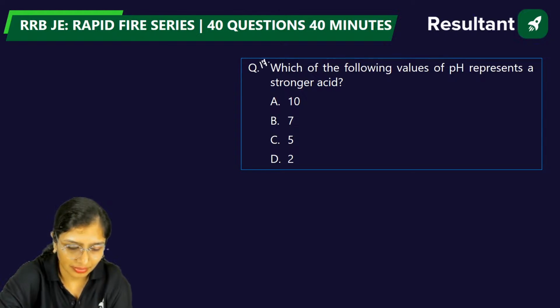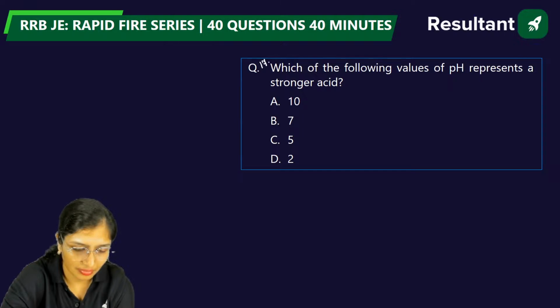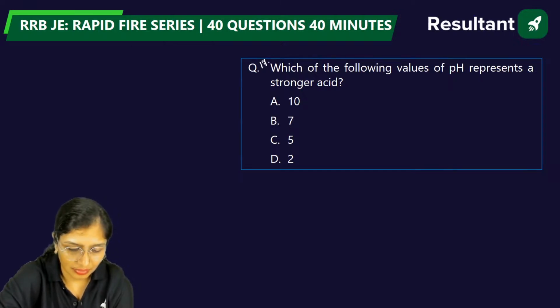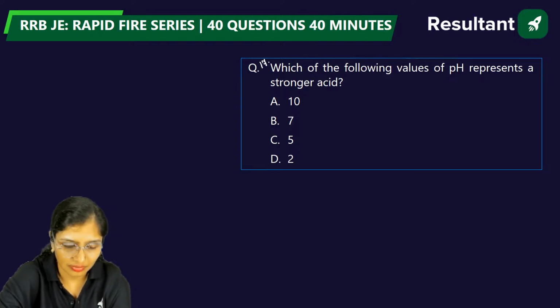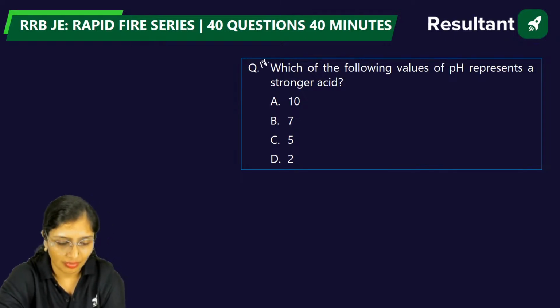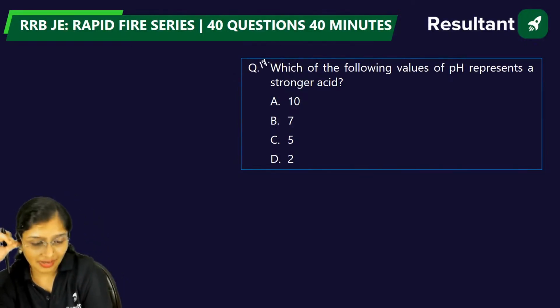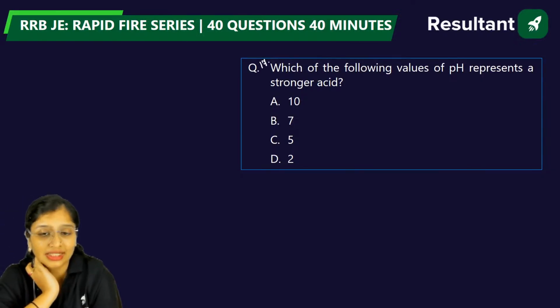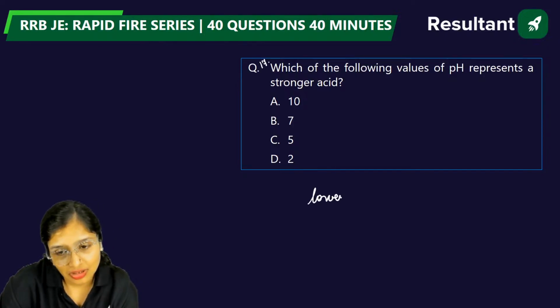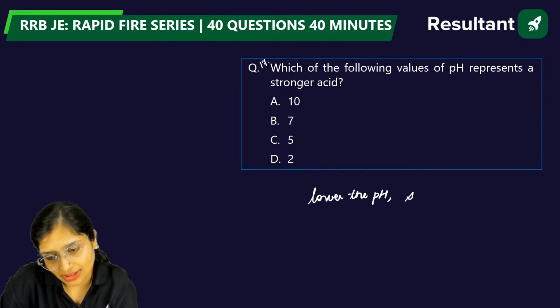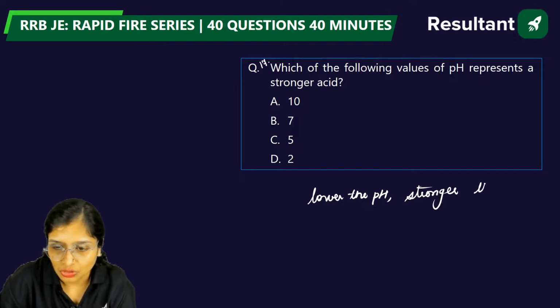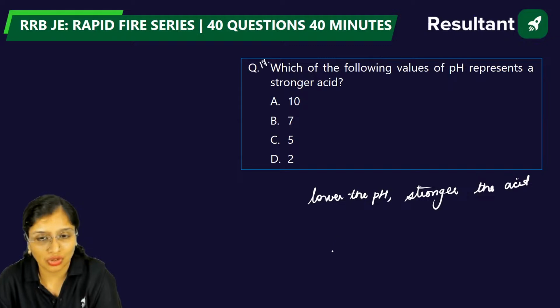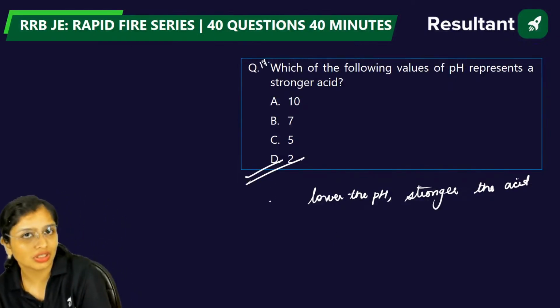Question 17: which of the following pH represents a stronger acid? Lower the pH, stronger is the acid. So the pH of 2 means it is the stronger one. Lesser the pH, stronger is the acid.